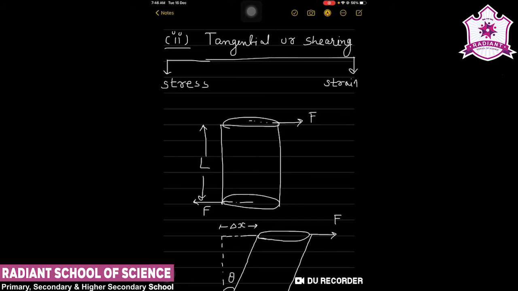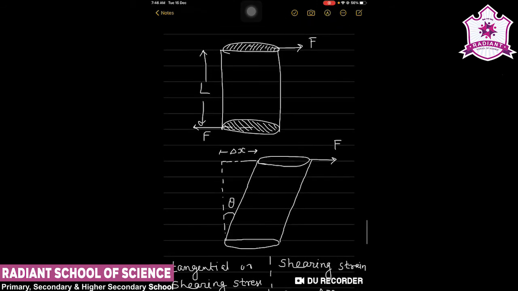So when two equal and opposite deforming forces are applied, from the figure we can see that from the center part we have applied some deforming force. When two equal and opposite deforming forces are applied parallel to the cross sectional area of the cylinder, there is a relative displacement between opposite faces of the cylinder.